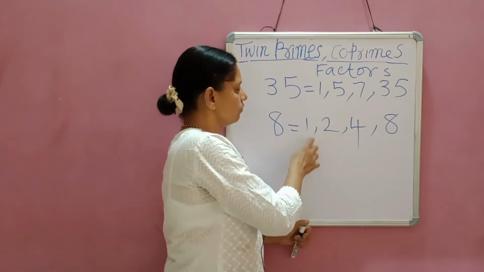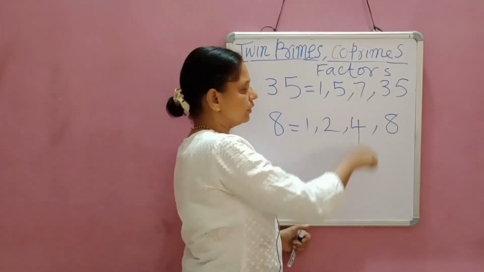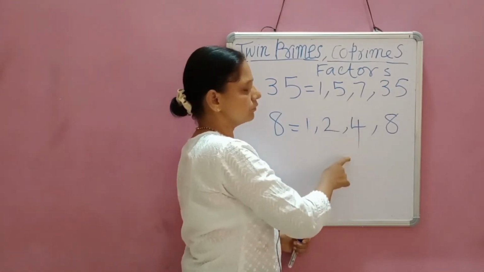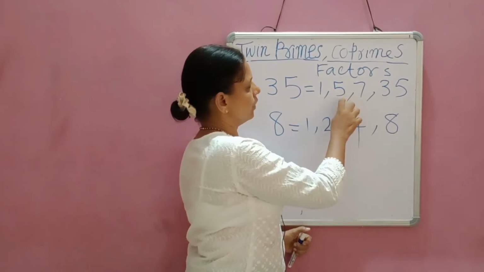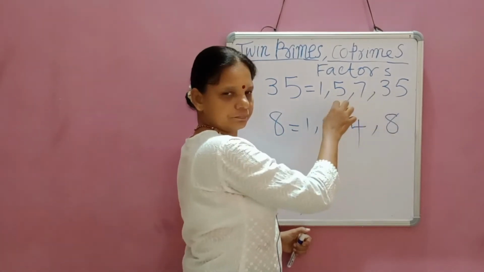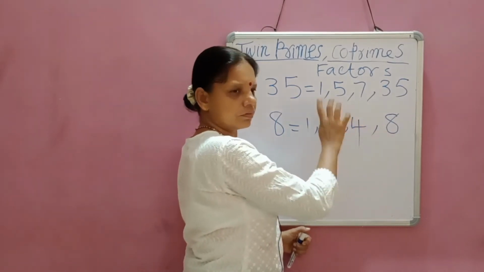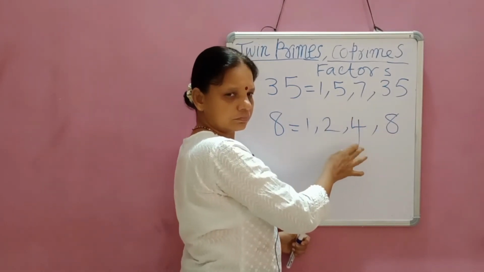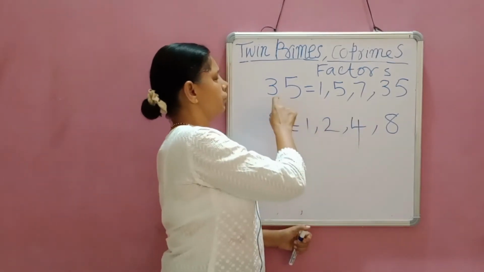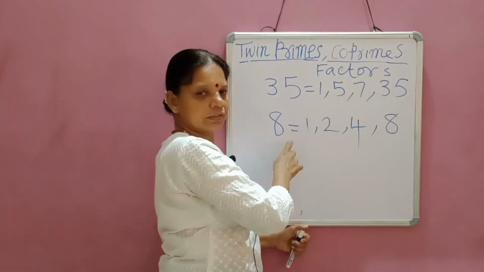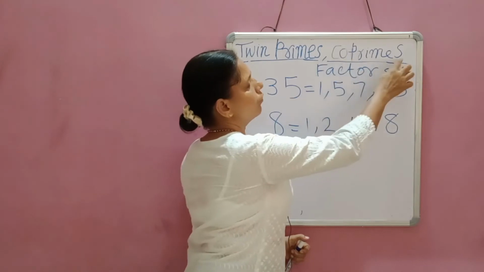Without considering 1, see the other factors. Is any common factor there? Here other factors are 5, 7 and 35. Here 2, 4 and 8. No common factors. No factors are same for both 35 and 8. These numbers are called coprimes.